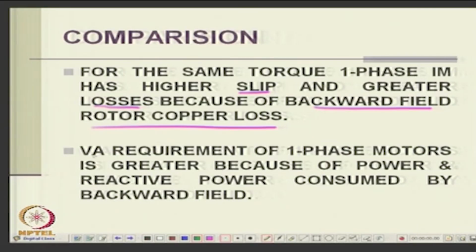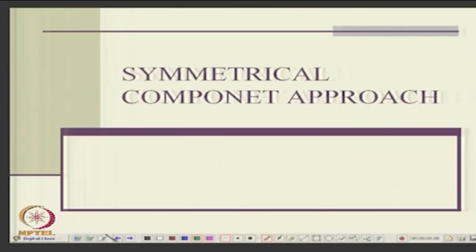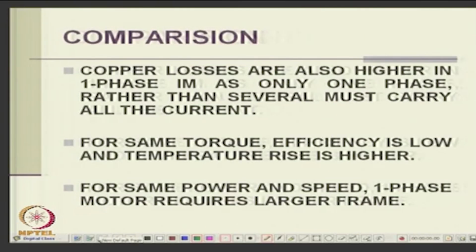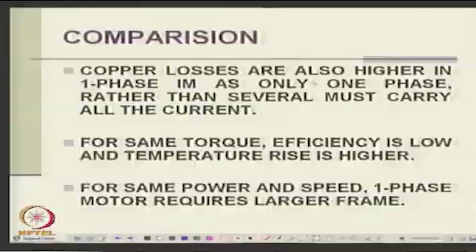And the volt ampere requirement of a single phase motor is greater because you need to produce the forward and backward flux. So, you have a reactive power requirement; it has to draw a current for this, and reactive power is consumed by the backward field. The copper losses are higher in a single phase motor, as only one phase must carry all the current.